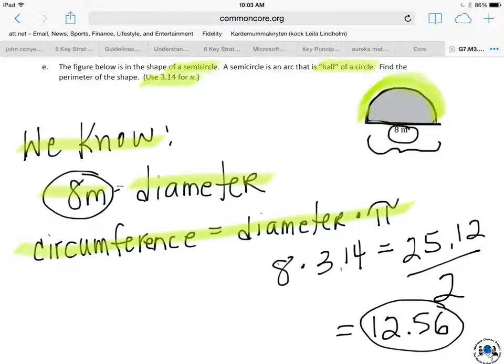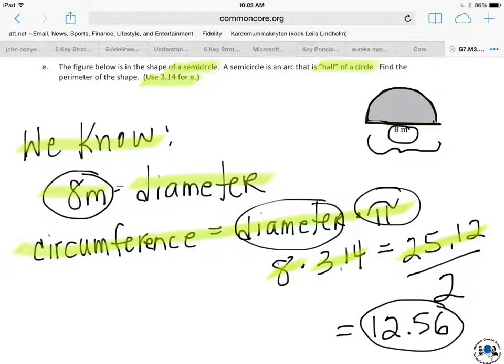Now to find that perimeter, that is just half the circumference of the entire circle. So all we need to do is find out the whole circumference, and that's going to be 8 times 3.14, because that is the diameter times pi, and that comes out to be 25.12.